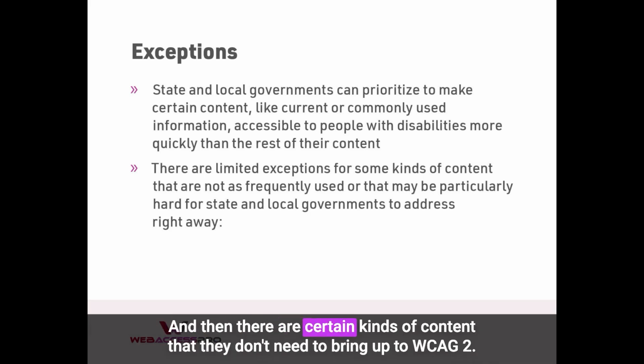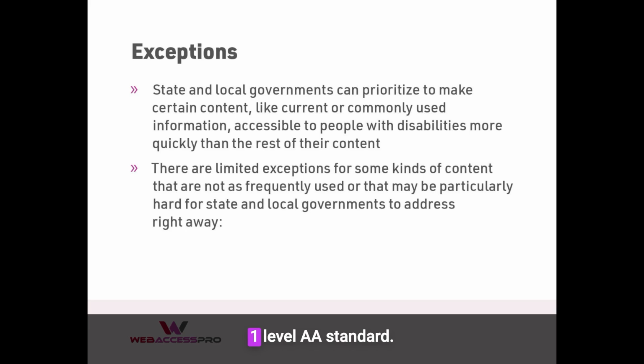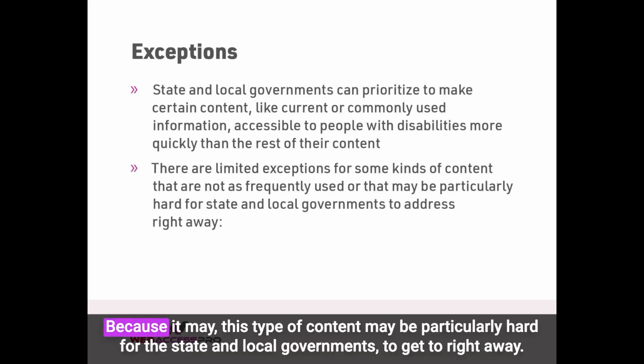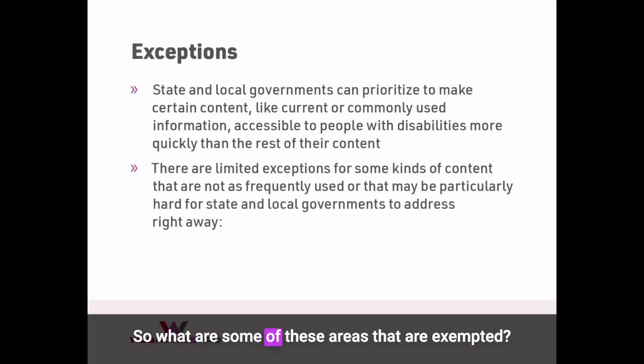And then there are certain kinds of content that they don't need to bring up to the WCAG 2.1 level AA standard, because this type of content may be relatively hard for the state and local governments to get to right away. So what are some of these areas that are exempted?